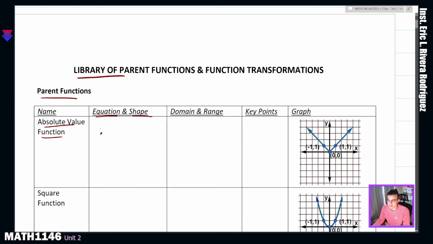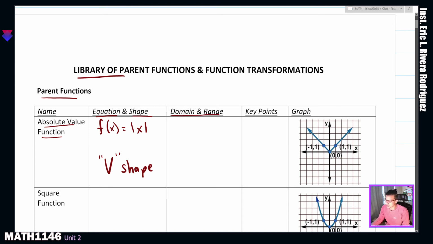So you will see that the equation for an absolute value function is going to be this one. And the shape, we could say V shape, something that we use just to identify the shape of the graph of that function. Then you will determine the domain and the range.